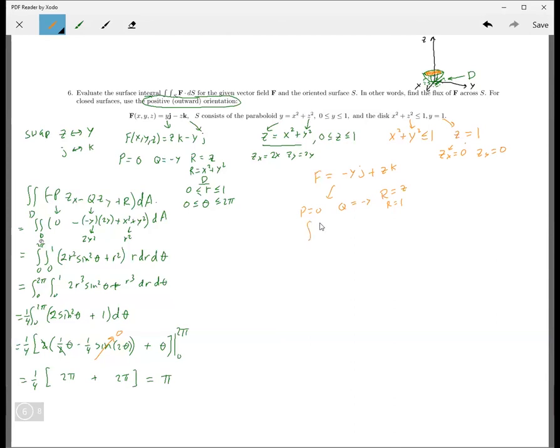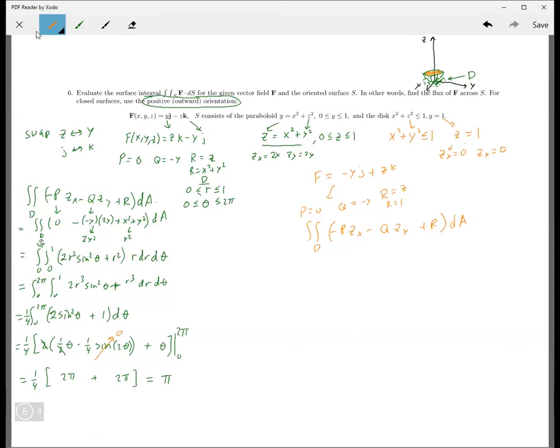So when you go to take the integral, I think I made a mistake here.